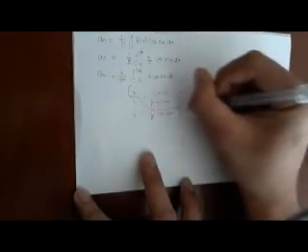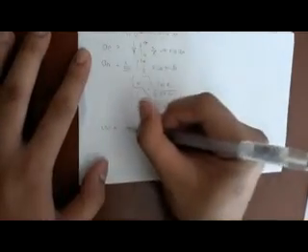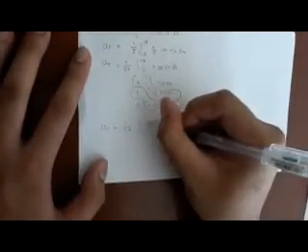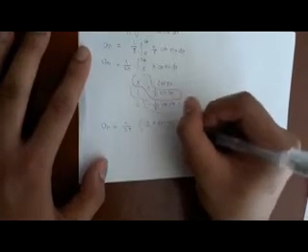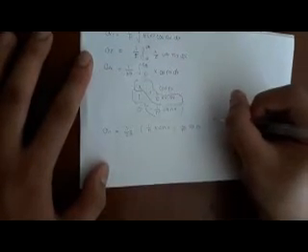Now we will group them. an is equal to 1 over 2 pi multiplied by the integration. We got x over n sine nx plus 1 over n squared cosine nx. Then put our limits, and then we just substitute, and we will now get an is equal to 0.